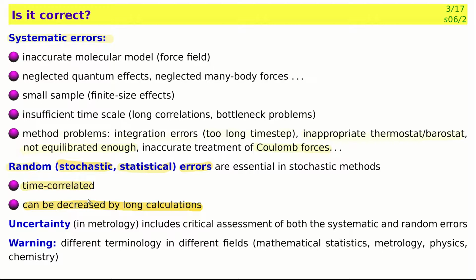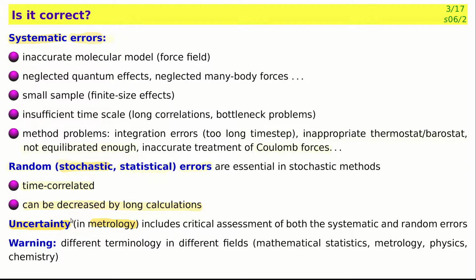And there is a small note about terminology. I've used the term error. It's a bit confusing because we have systematic errors and stochastic or statistical errors, and we must distinguish them. This is a terminology of mathematical statistics mostly. In metrology, there is another set of terms, and the term uncertainty is used.